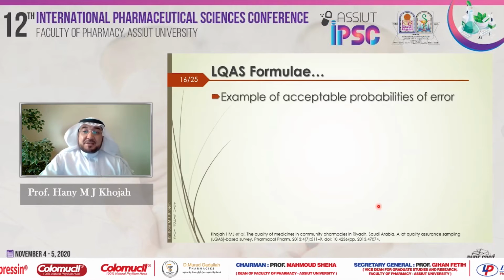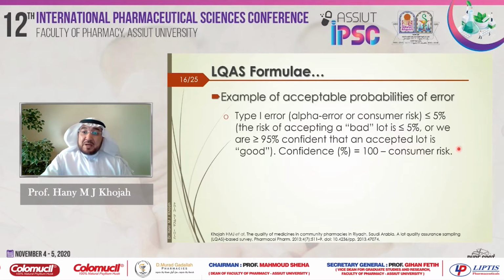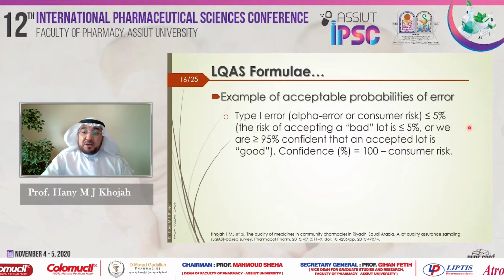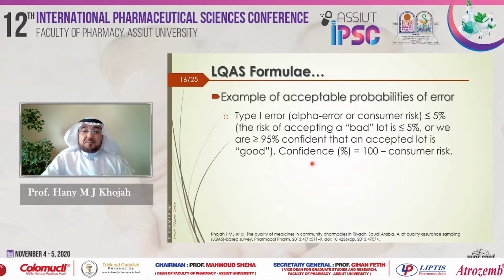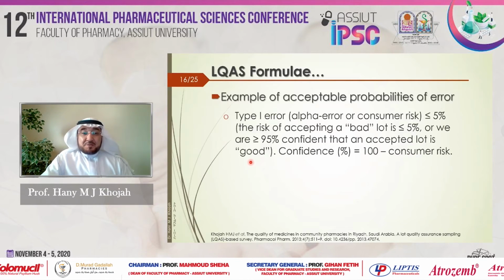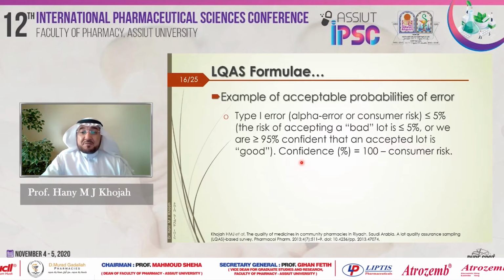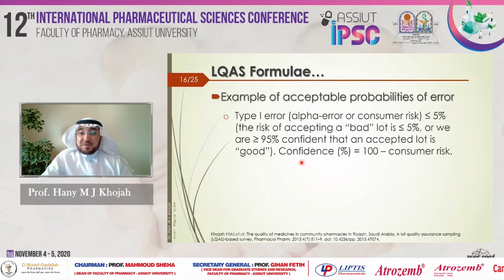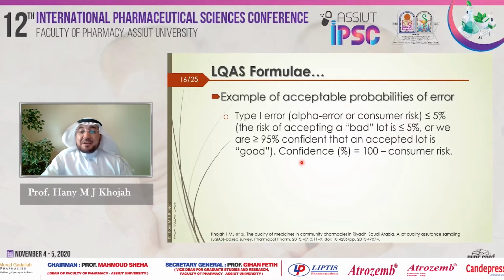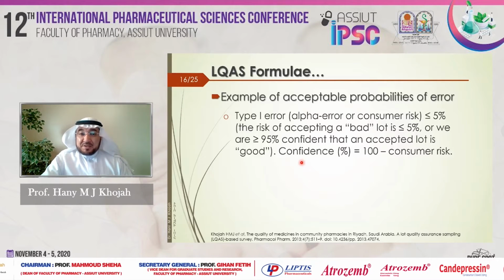An example of the acceptable probabilities of error, we have the type 1 error, or we call it the alpha error. For the purpose of this kind of surveys, we like to call it the consumer risk. And actually in industry, they call it the consumer risk.